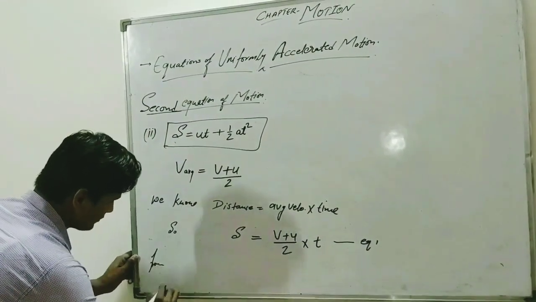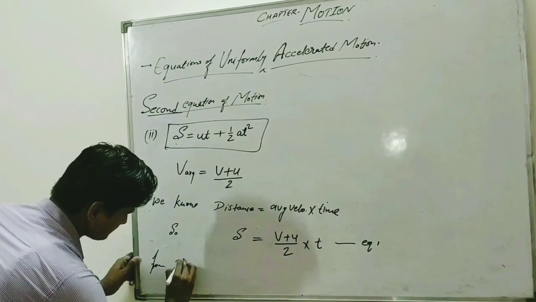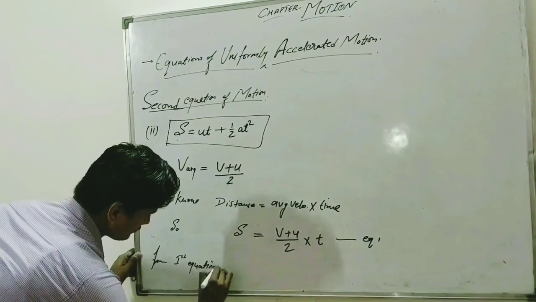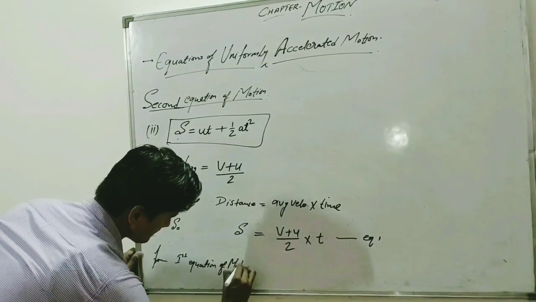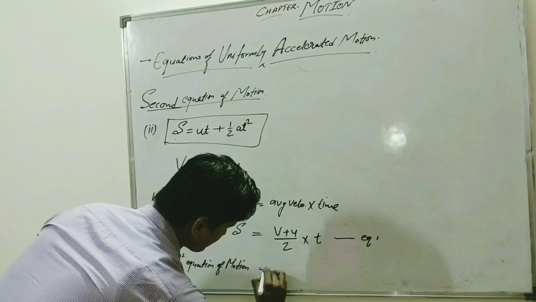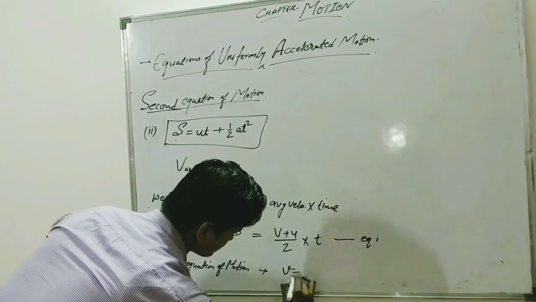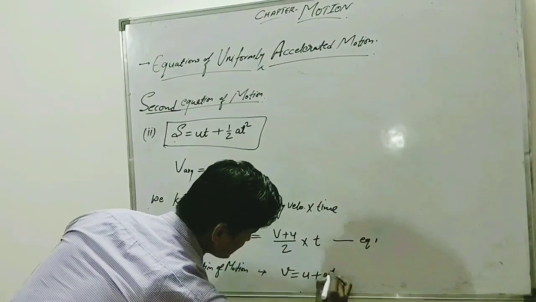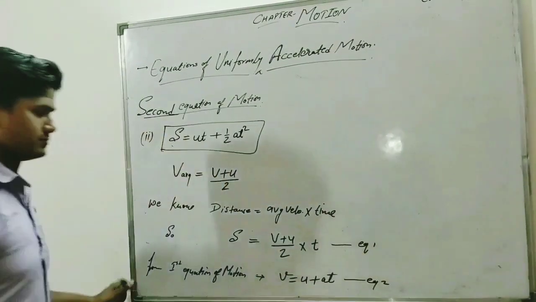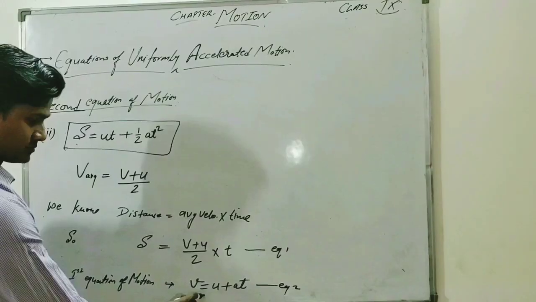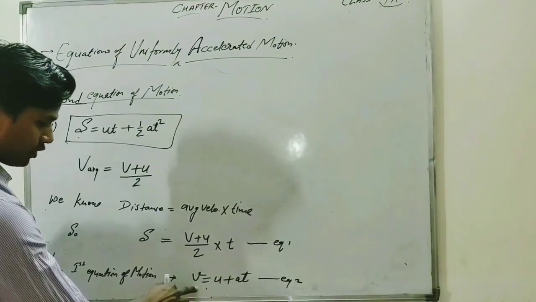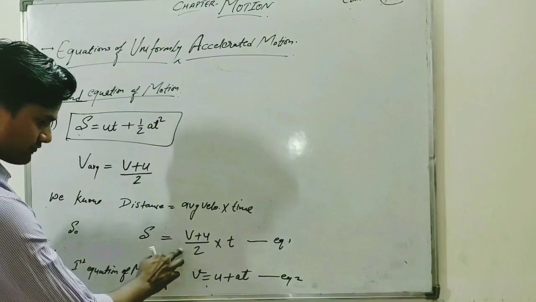From first equation of motion, we know V is equal to U plus AT. It can be said as equation 2. Now, from equation 2, we put the value of V into equation first.